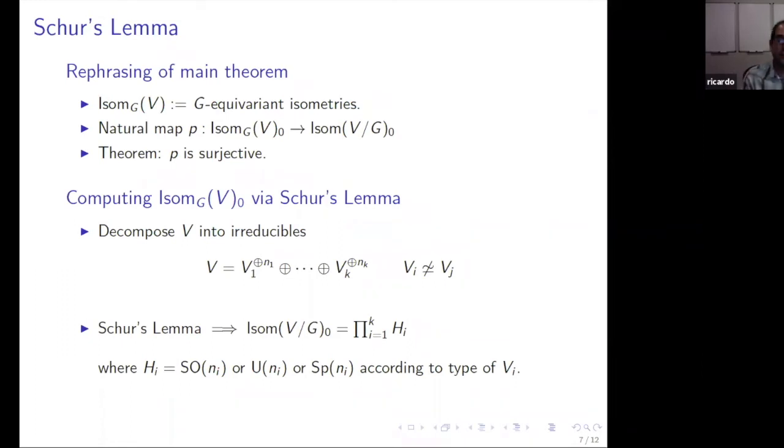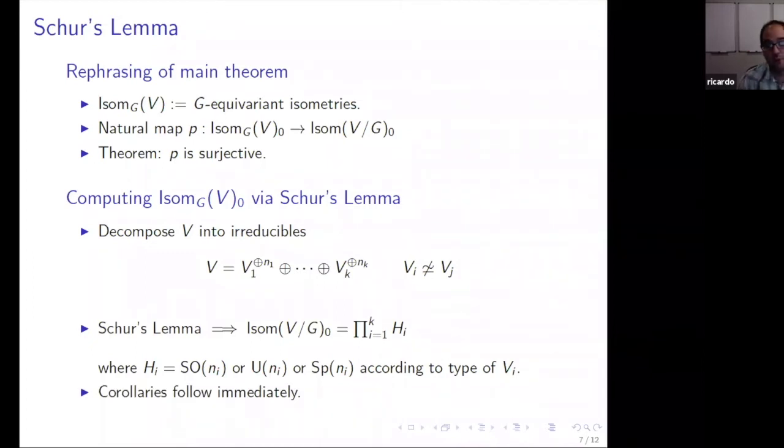And according to the type, you get one of these groups. So the big group there, the equivariant isometries of V, is a product of groups like this. And from this, we can see that the corollaries that I mentioned before follow immediately.